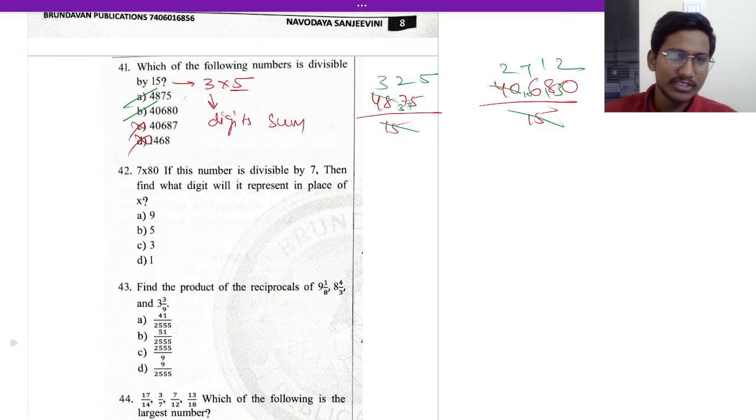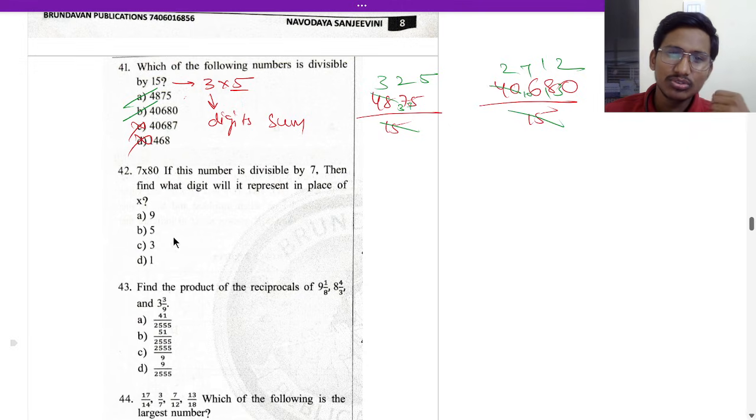Okay, so next 42. What is it? 7x80. If the number is divisible by 7, then find what digit will it represent in the place of x.